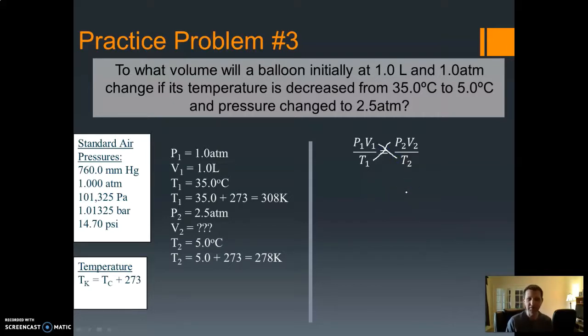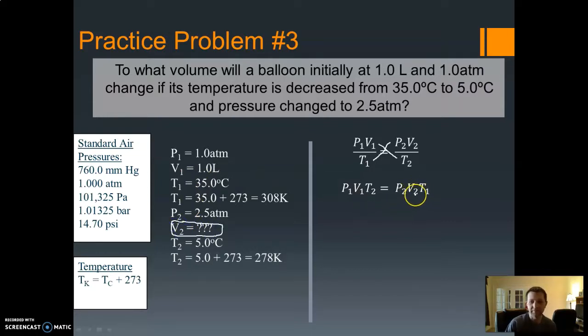This is where it gets a little confusing because you have a lot of 1s and 2s here and a mess. So reorganize: P1 V1 T2 equals P2 V2 T1. Okay? Now, what don't we know here? We don't know what V2 is. That's our unknown, right?